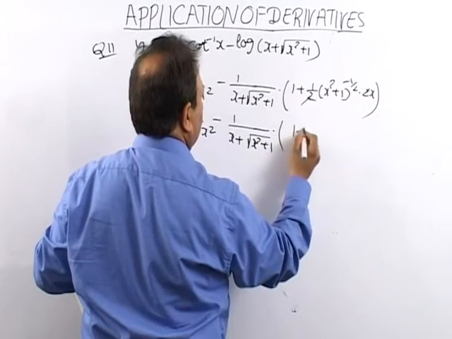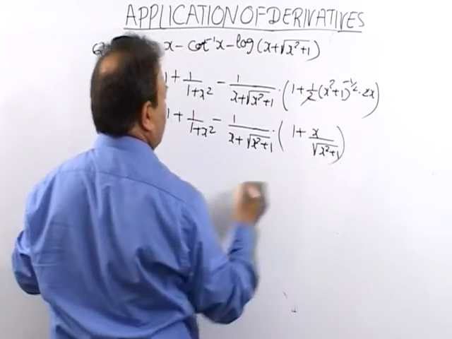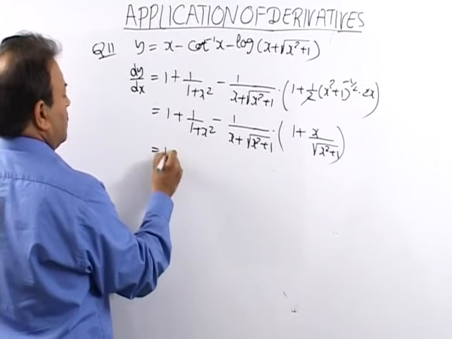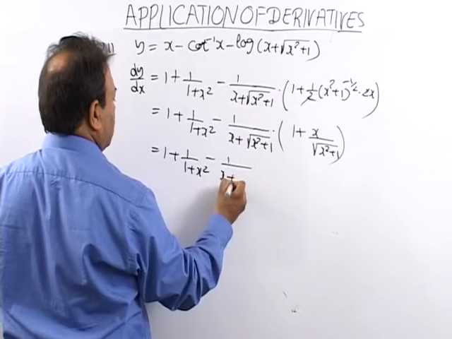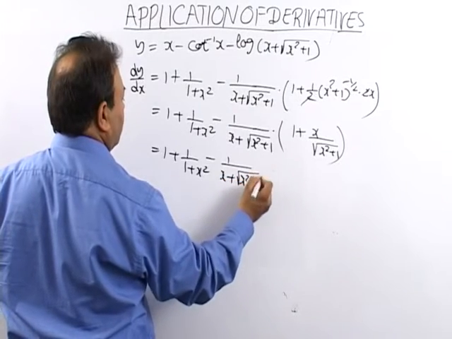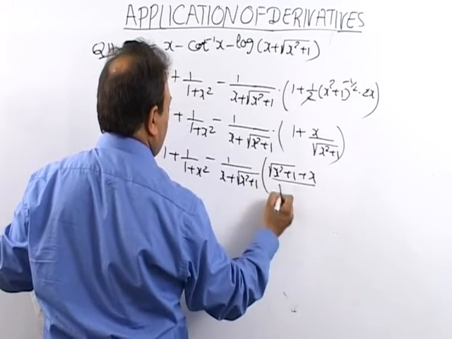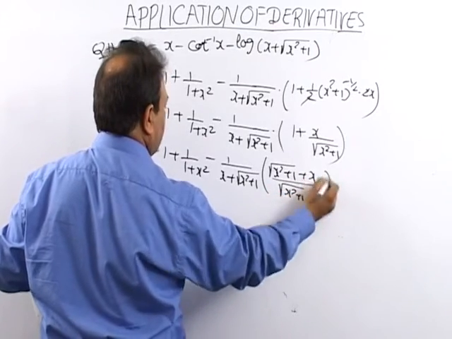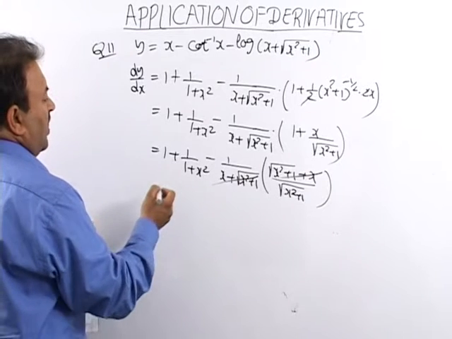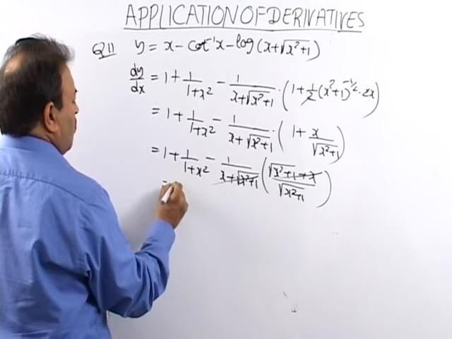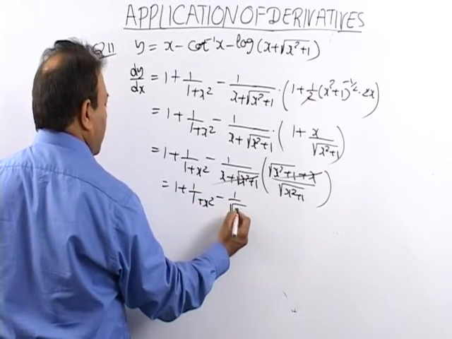We are left with 1 plus x upon square root of x square plus 1. This whole term will be cancelled out and we are left with 1 plus 1 upon 1 plus x square minus 1 upon square root of x square plus 1.